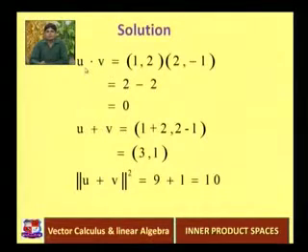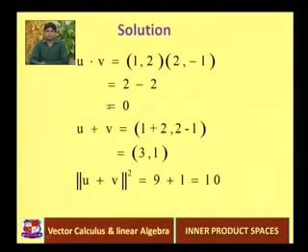The dot product u dot v is (1, 2) dot (2, -1), which is 2 minus 2, that is 0. So the dot product of u and v is 0, which means u and v are orthogonal.